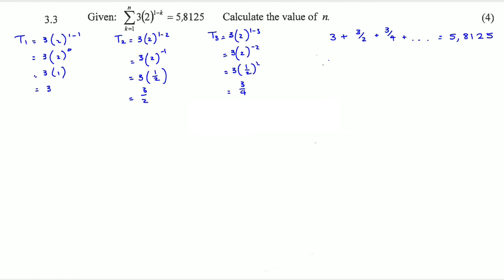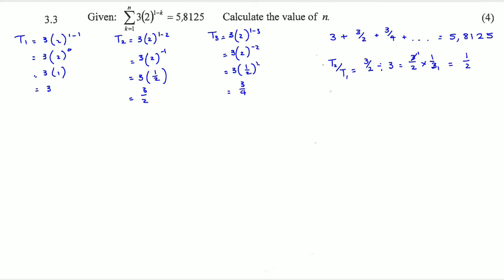Let's check if it's a geometric series. Term 2 divided by term 1 is 3 over 2 divided by 3, which we write as 3 over 2 times 1 over 3. We invert the second fraction and multiply, so the 3's cancel, and that gives us half.